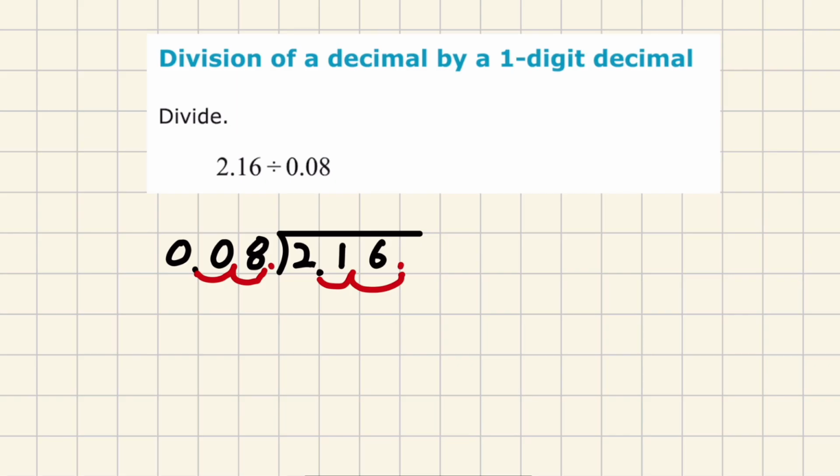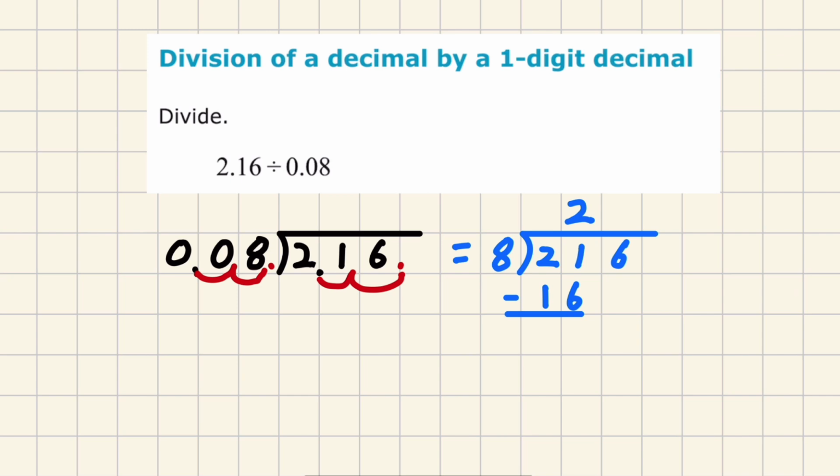Now that we've rewritten this so that the number out in front is a whole number, just 8, and the number underneath has the decimal at the end, 216, we can use long division. 8 goes into 21 2 times. 2 times 8 is 16.